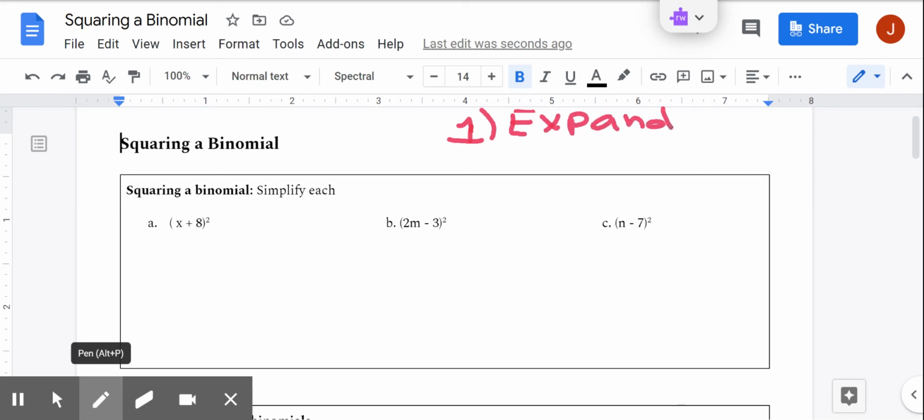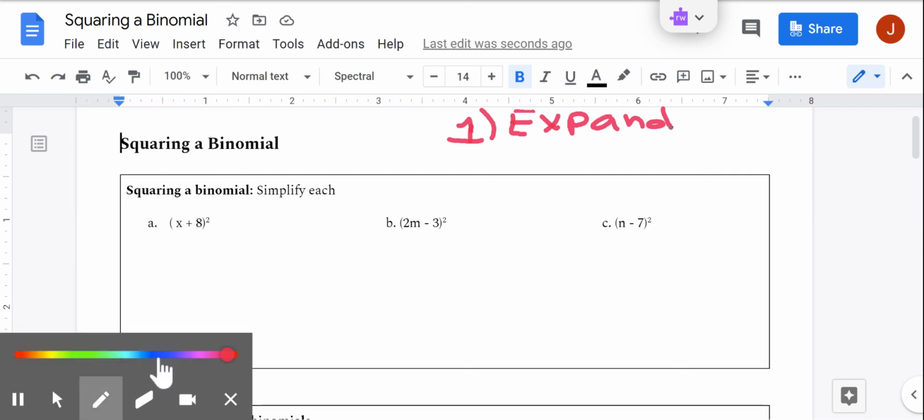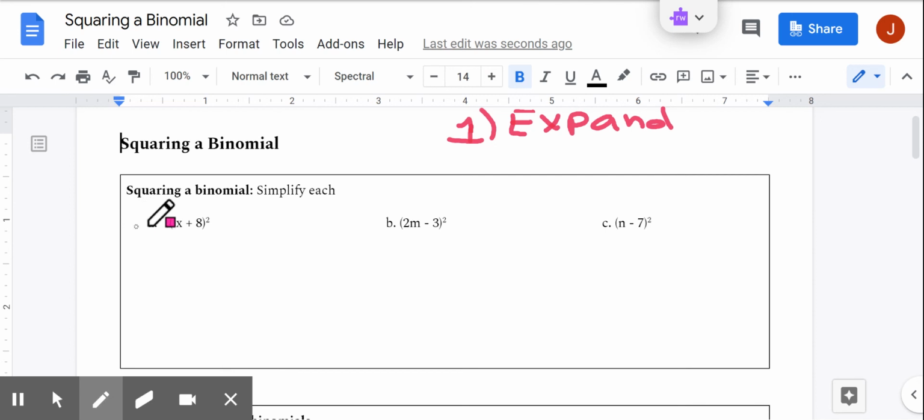So we're going to expand it and write it as a binomial times another binomial. So for example, in that first problem, when I say expand, what I really mean is instead of writing this as x plus 8 to the second power, we're going to write this as x plus 8 times itself, times x plus 8.